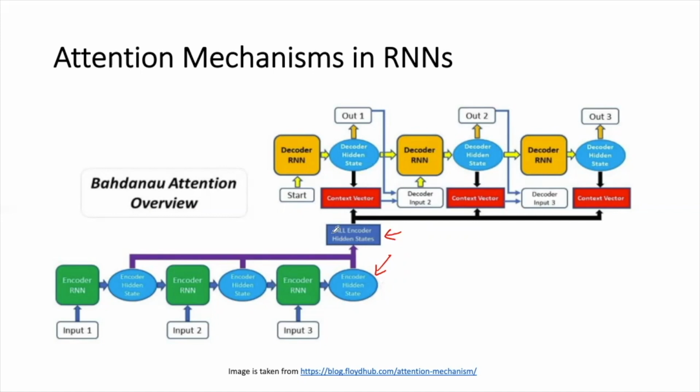The decoder uses these encoder hidden states to generate a context vector at each timestamp. This context vector captures the importance that needs to be given to the input word. For example, when we are generating the first context vector, it should give more importance to the corresponding word.